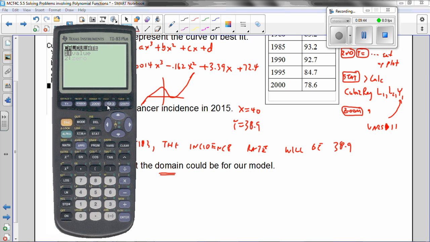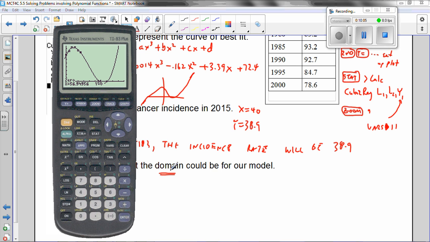Well, let's do the 0. I'm going to make sure I'm to the left. Yeah, I'm positive y value there, and I'm going to scroll to the right so I get negative y values. It's kind of hard to see. And then I'm going to go back and have a guess.